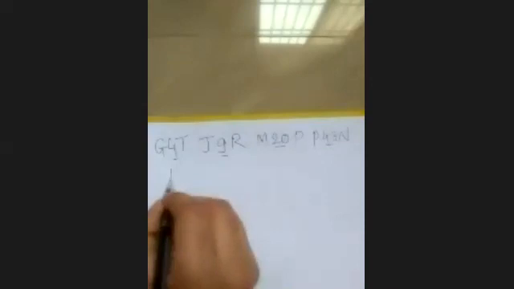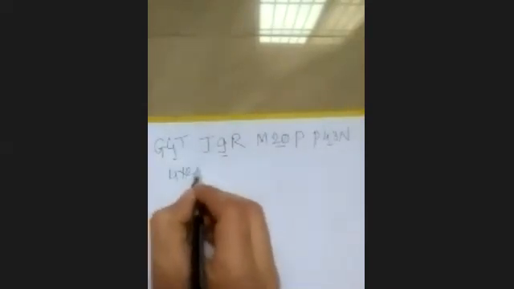So in this case, this number, this number, this number, and this number, they are developing a relationship, and that relationship is 4 into 2 plus 1 is equal to this one.